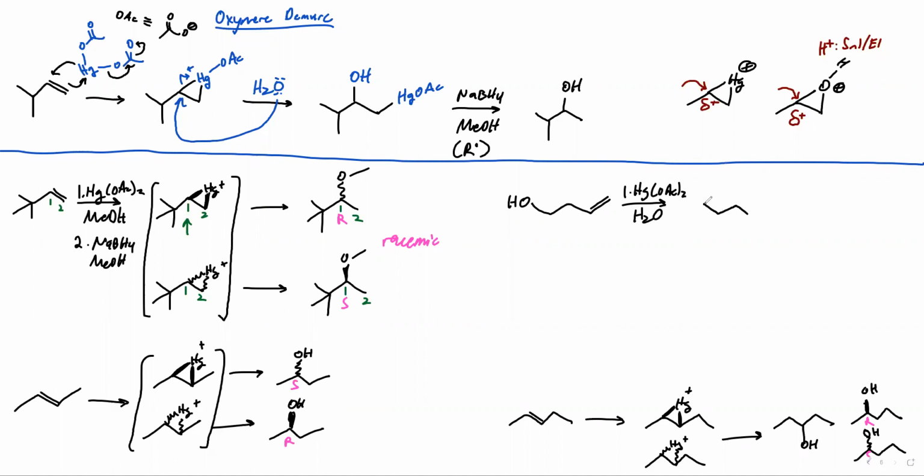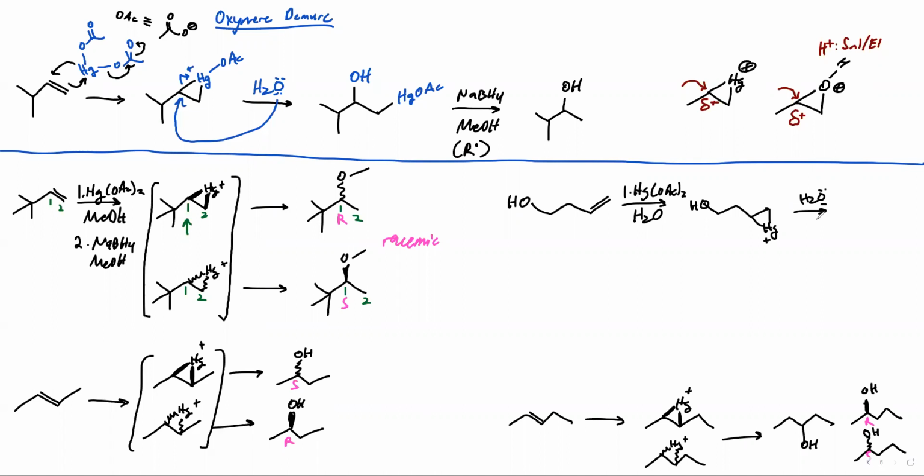I'll do you guys a little bit of a favor here. We'll go ahead and draw in the mercurium. You can draw whatever stereochemistry you want. I don't really care, as long as you remember, again, this is just going to racemize at the end anyways. Let's say we had this. Here's what I'll push you. What's going to happen next? So pause and take a second to think about this if you have to.